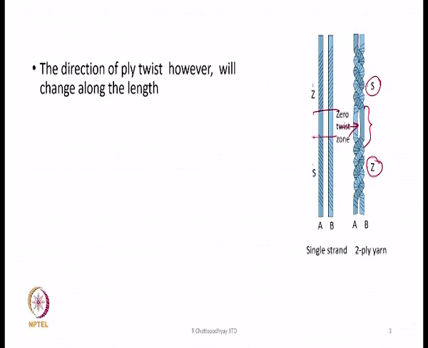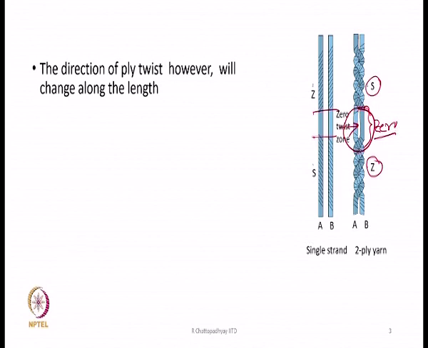Therefore, where we have Z ply twist and wherever we have S ply twist, there is no problem. But if both of them have 0 twist, as it is shown here, this is the region where we have 0 twist, then this yarn as a whole will not have any strength. If we pull the yarn, it will break in this zone.